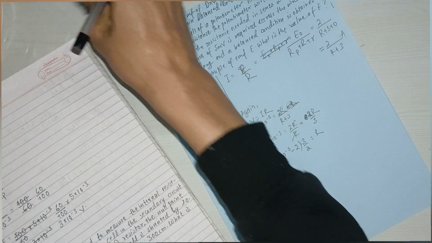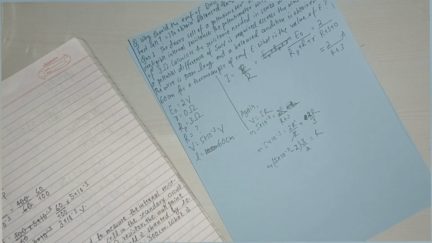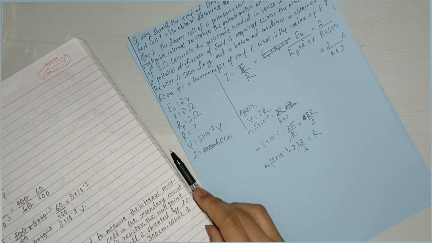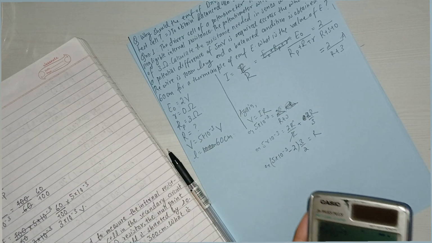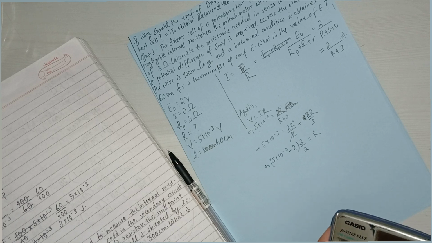This is the value of r. Let's see how much r will come to be. 5 into 10 to the power minus 3 minus 2 into 3 divided by 2.